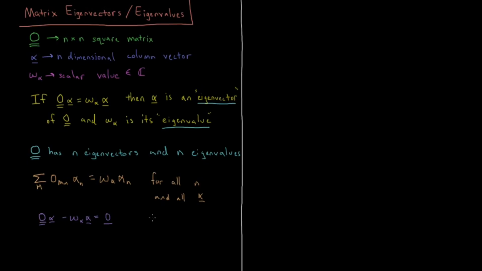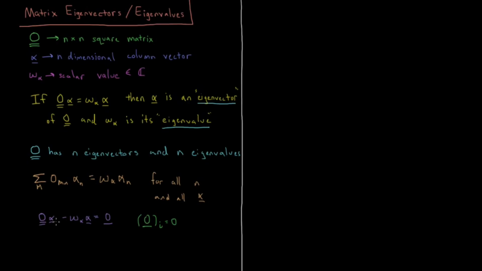This zero vector is just a vector whose elements are all equal to 0. That's true by how vector addition and subtraction works. A matrix times a vector is a vector. It equals a scalar times a vector. So if we subtract omega alpha times alpha from both sides, we get a zero vector on one side and O alpha minus omega alpha alpha on the other. So that's true for all of our cases.